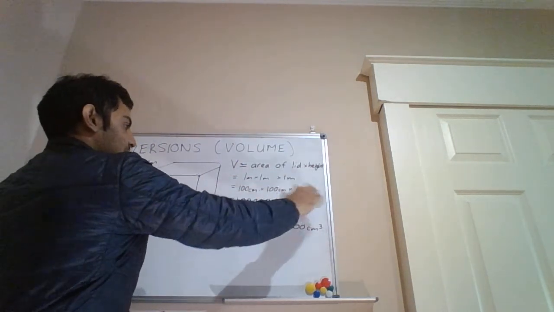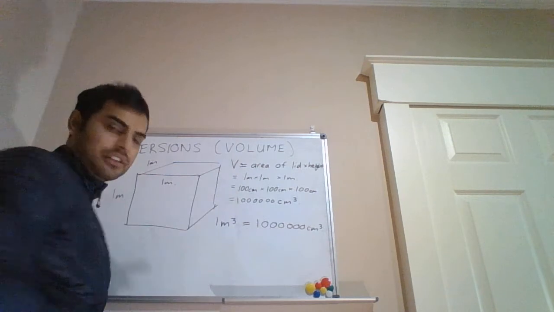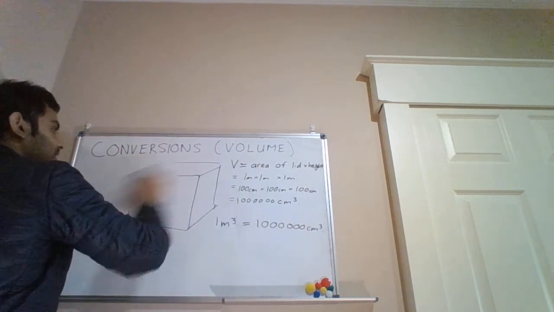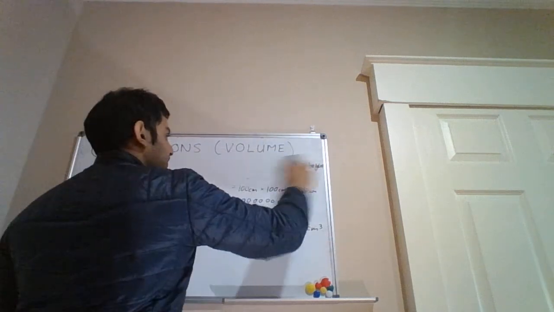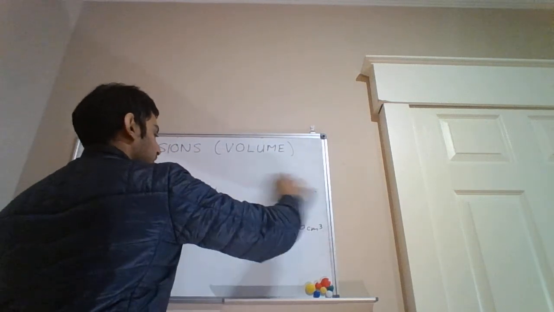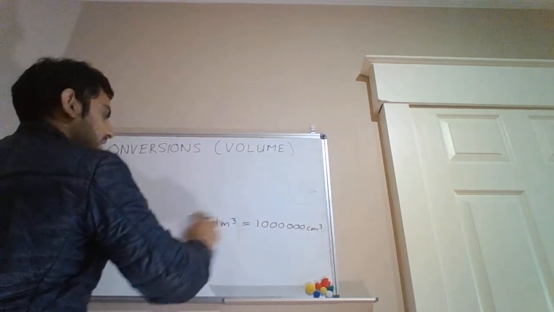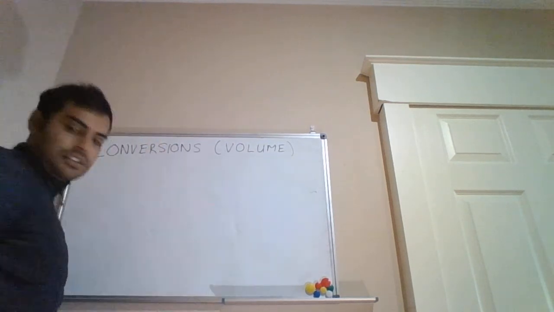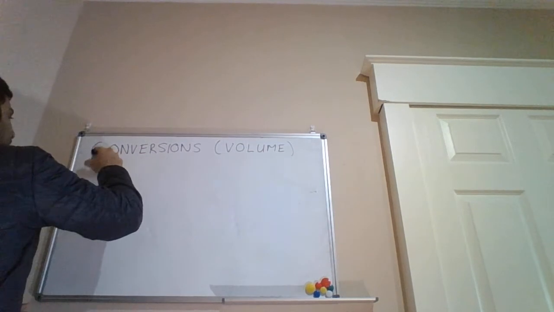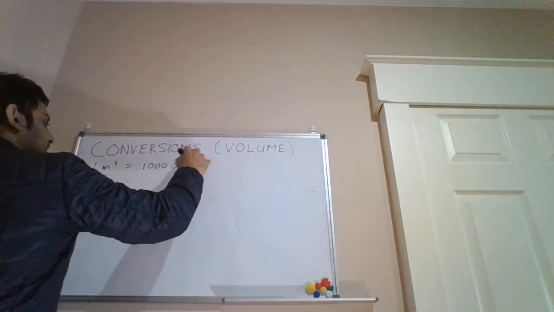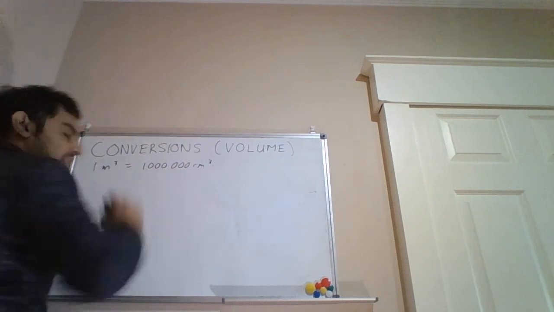See 2, 4, 6 zeros, and then check your final answer has 6 zeros as well. So I'm going to leave that piece of information up. 1 meter cubed equals 1,000,000 centimeters cubed.